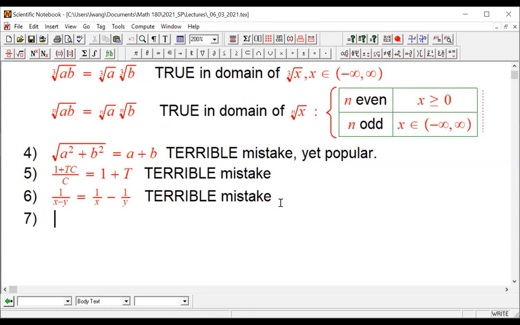Number 7. Just be reminded that these mistakes are not something I discovered and reported to you. They come from a calculus textbook author. His book is popular, has been used for the last several decades, and was translated into international languages.